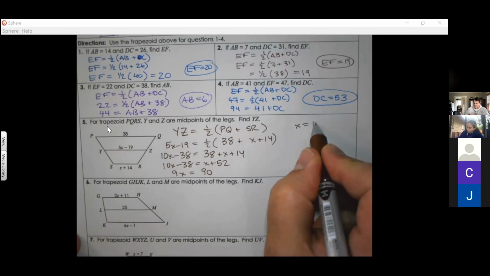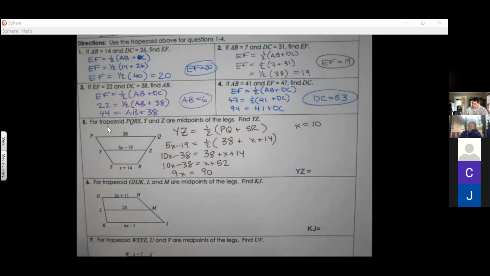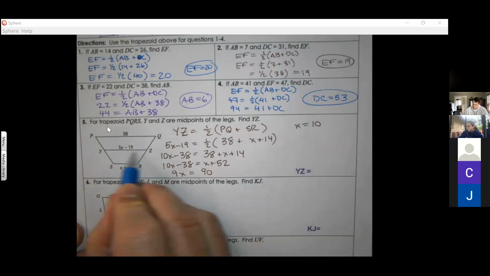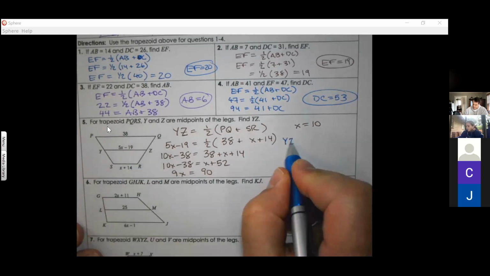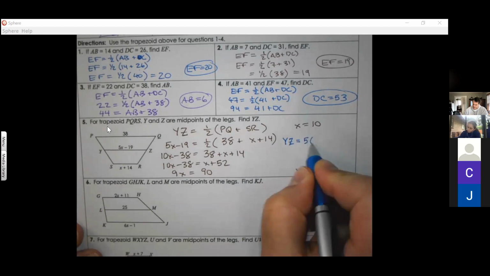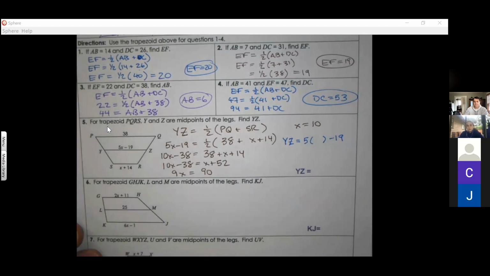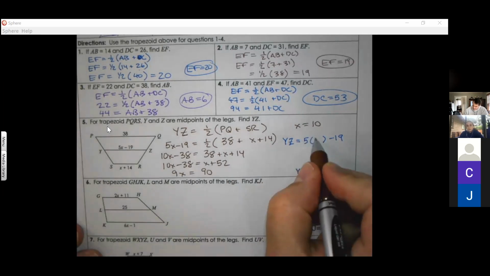But this time, they're not asking us to stop at that. They want us to find the value of YZ. I know from here that YZ is equal to 5 times whatever x is minus 19. I just found that x is 10.